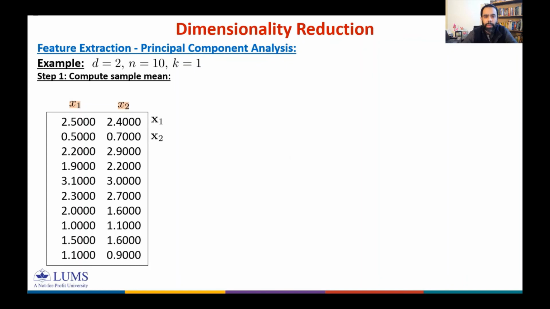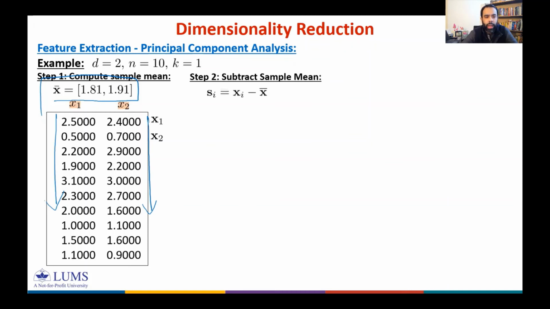What's the first step? Sample mean. If I compute the mean along this dimension, I get X1 bar. If I compute the mean along this dimension, I get X2 bar, and this is given by X bar: 1.81 and 1.91 as the mean. So what was the second step? We subtract the sample mean.